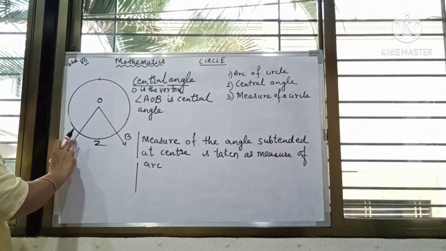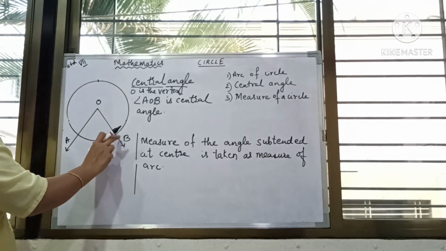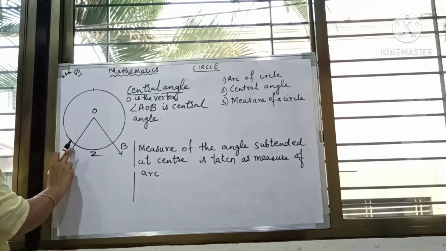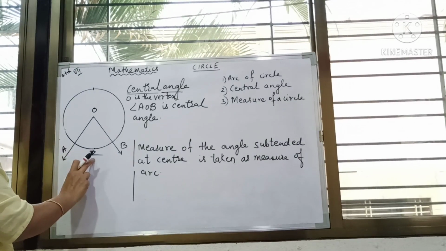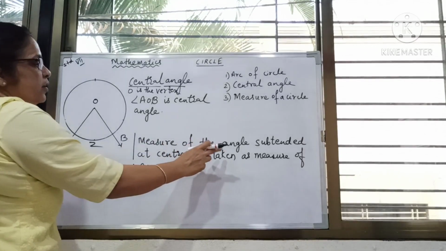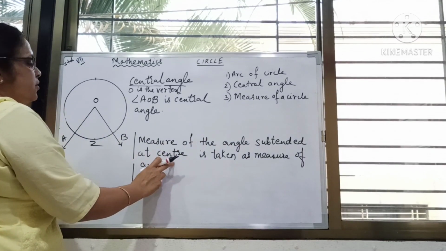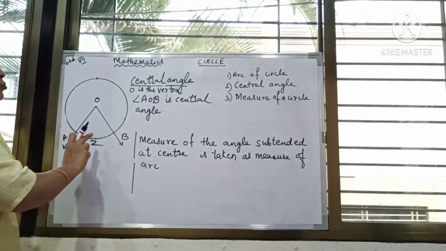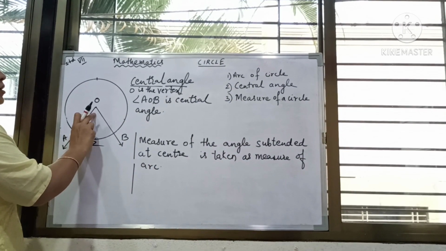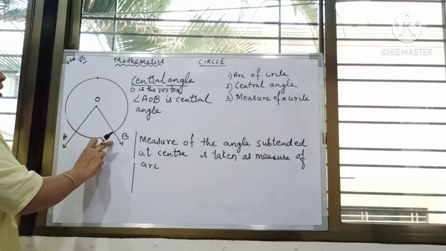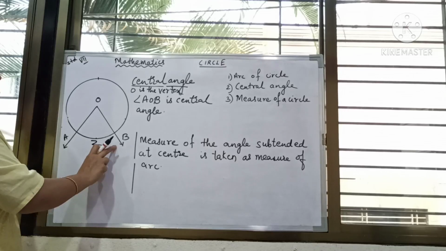Here angle AOB is the central angle and its corresponding arc is AZB. Measure of the angle subtended at the center is taken as the measure of the arc. So, whatever the angle at the center, the measure of the arc will be the same.